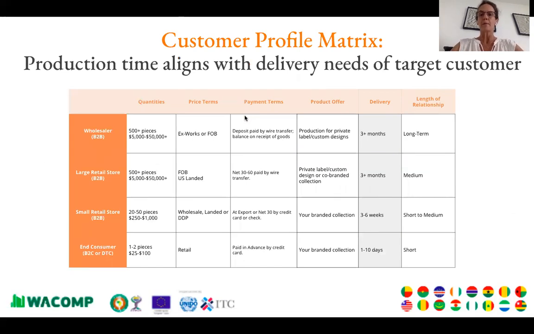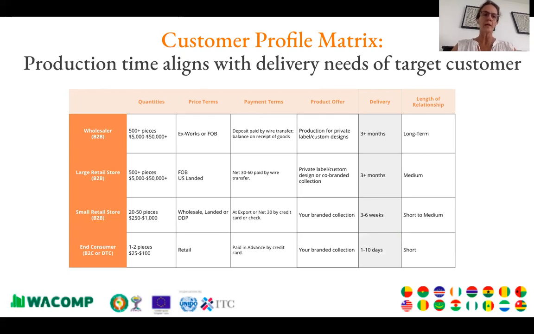Now, you also want to make sure that your production time for an order aligns with the delivery needs and the delivery expectations of your target customer. Now, remember, this is the same table that we saw in video number 2 when we talked about the expectations of different target customers in terms of when do they expect their order to be delivered.